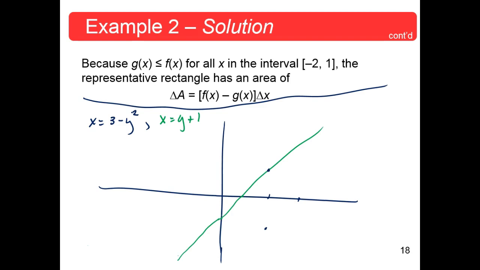Yeah, plus or minus 1. Okay? And when y is equal to 2, x is minus 1. So somewhere back here is a minus 1. So this is approximately the curve, okay? And so we're doing this.